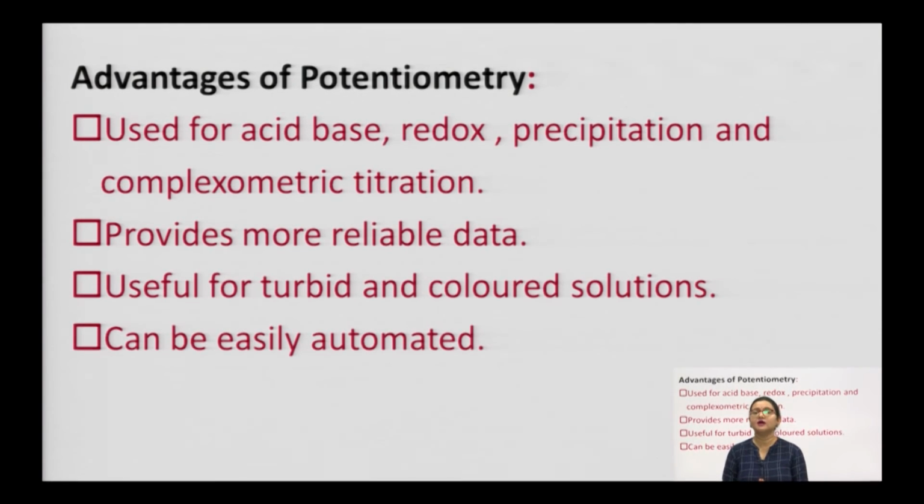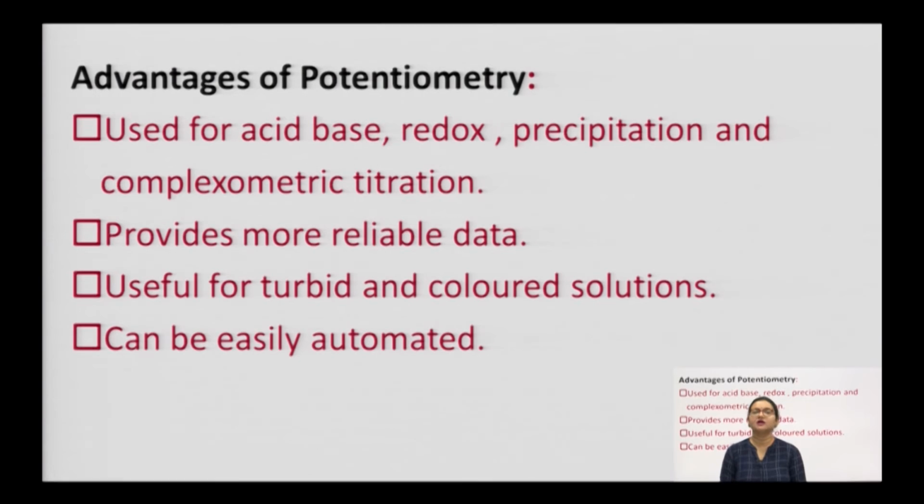More reliable data means, for example, an indicator sometimes shows indicator error. It does not show the change of proper color at the specific end point. That is indicator error, which has to be avoided in pharmaceutical analysis so that determinations are accurate and precise.